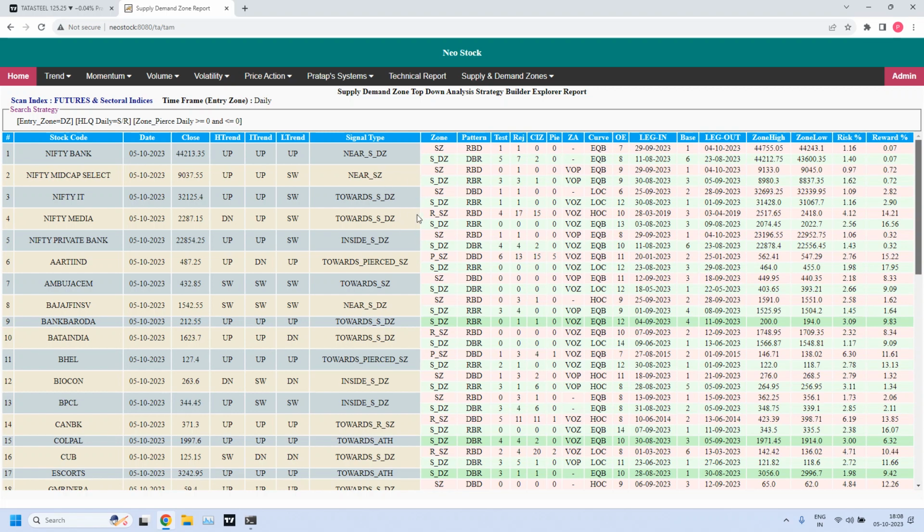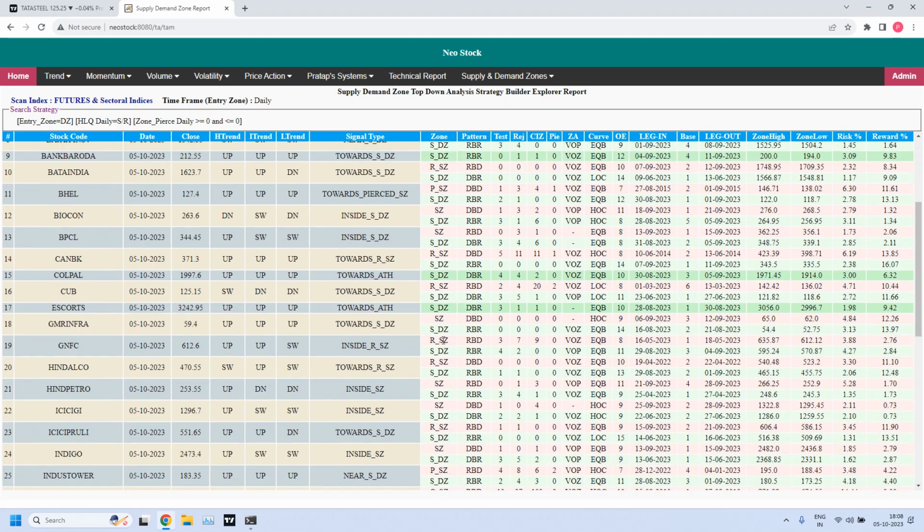But when you are looking into these stocks, most of the stocks may not be near the demand zone. So you have to wait for a day or 2 days or 3 days, sometimes even a week, until the price reaches the demand zone. So that is the point you should remember.